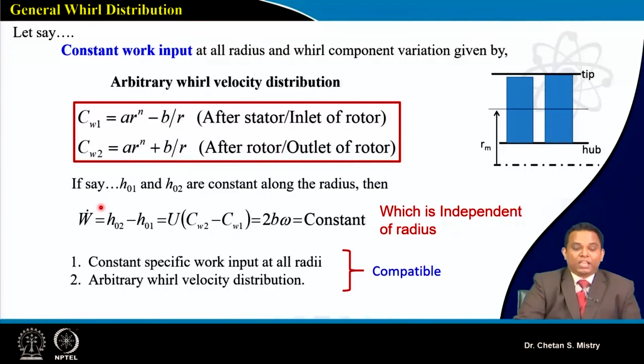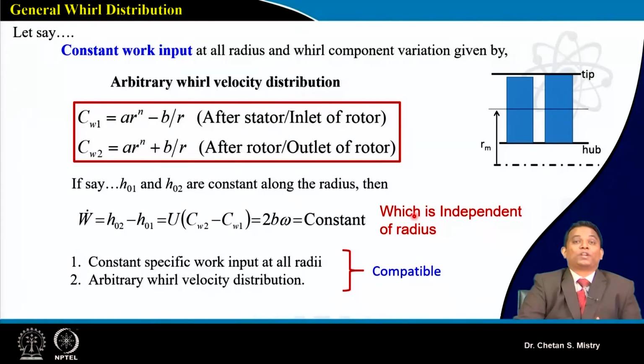If we consider H01 and H02 as constant, which is what we have assumed as constant specific work input, then my work W will be 2b into omega, which is independent of my radius.